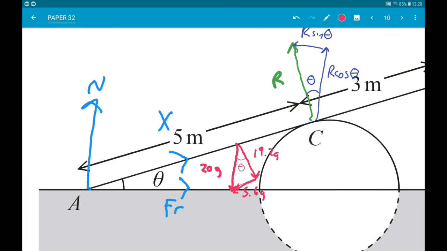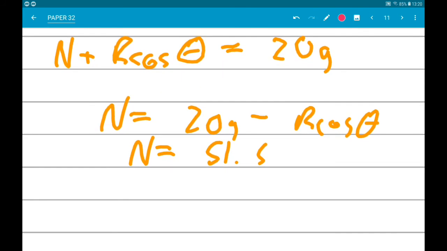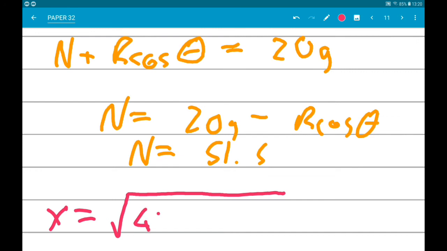So X is a root 41.2 squared add 51.5 squared, and that will finally give us that X is 66.5 newtons.